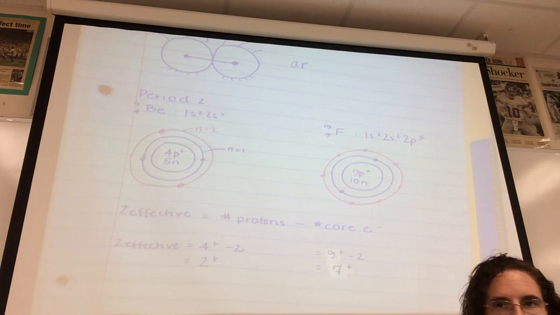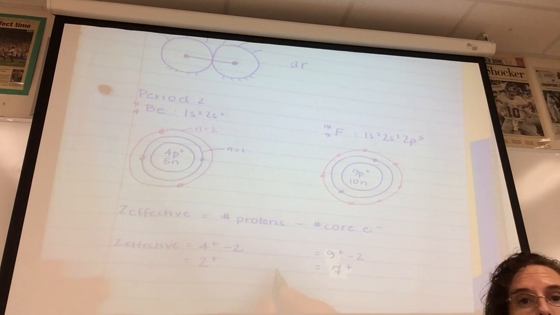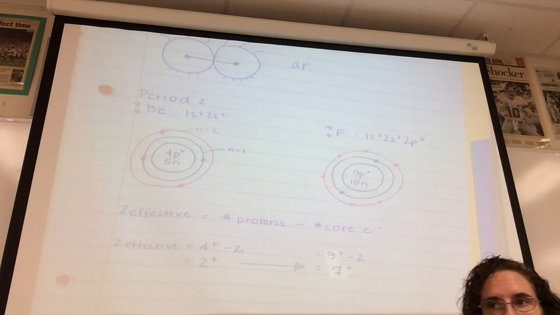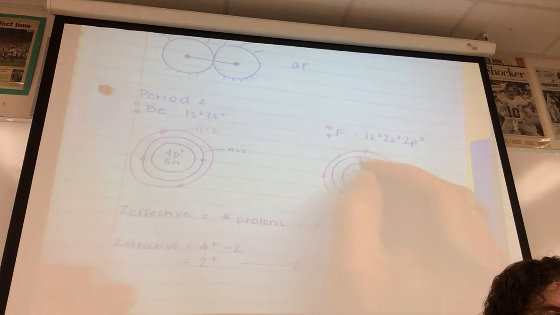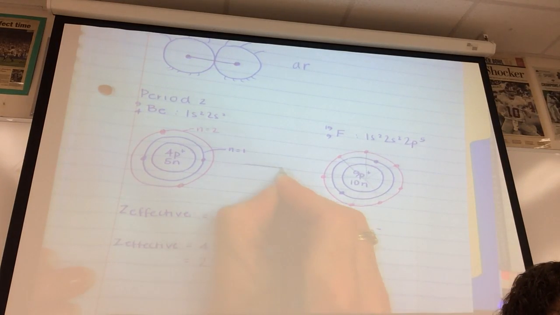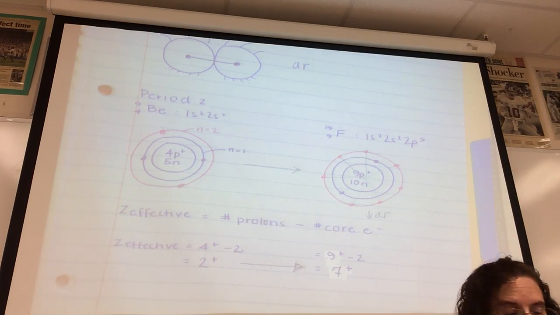I apologize. Okay. As we go across the period, we see that the effective nuclear charge increases. And the valence electrons are drawn tighter to the nucleus. And as a result, as you go across the period, the atomic radius decreases.